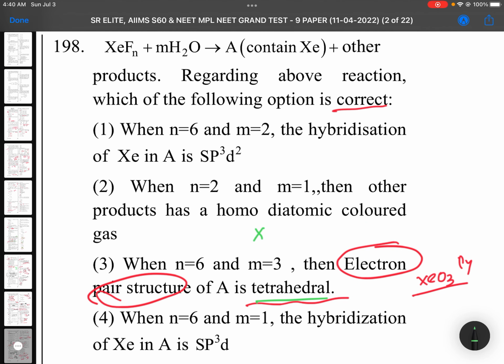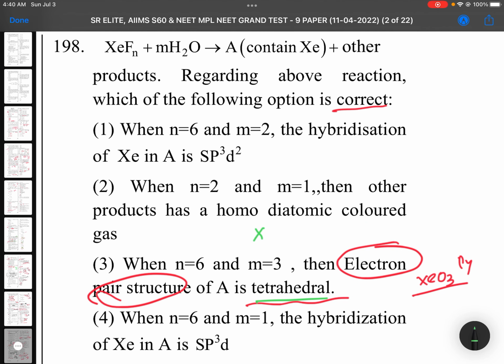XeOF4 means this will be 8 plus 4, 12, sp3d2. This is wrong statement. Question is, regarding above reaction, which of the following options is correct. When n is equal to 6, m is equal to 2, sp3d2. That is right only. Okay, I think something went wrong.